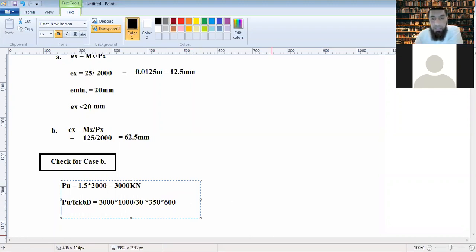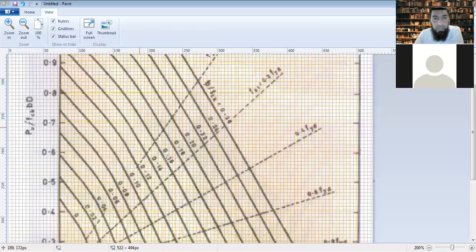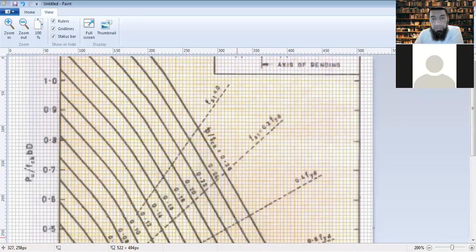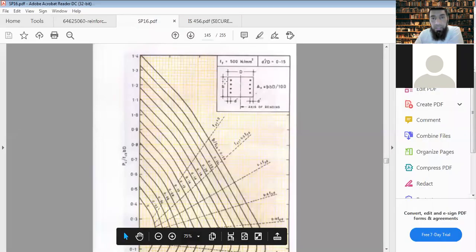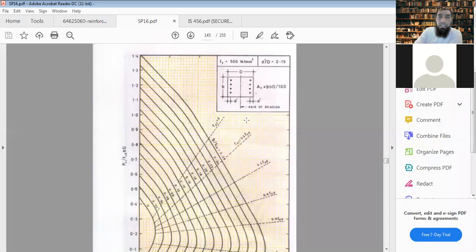Is it b 300? Just a minute. b would be 600. This is b. b is 600 and d is 350.